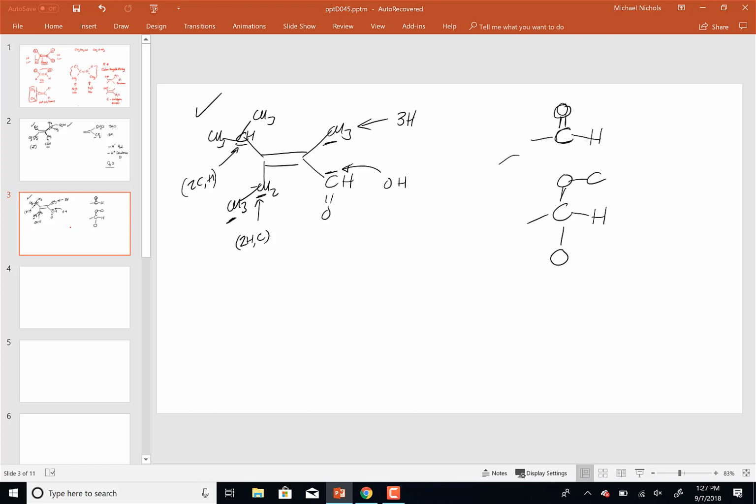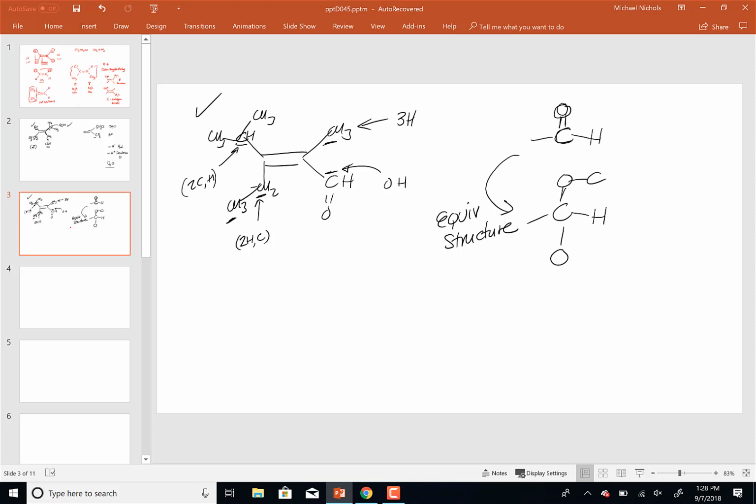So this is what we call the equivalent structure. And it's pure fantasy. It doesn't have any reality. It's just used in naming. That's all it's used for.